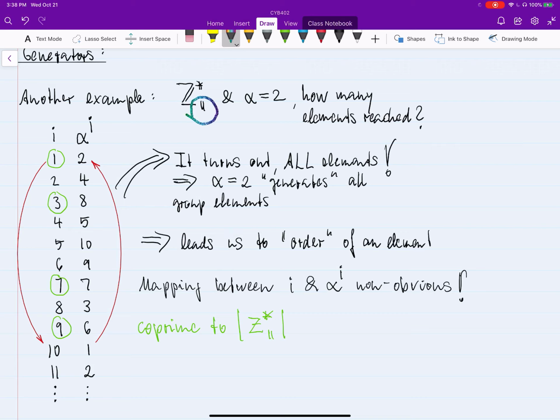Z11 star is a group that has 10 elements, so the group has an order of 10. And the elements that you see here are all co-prime to the order of that group.